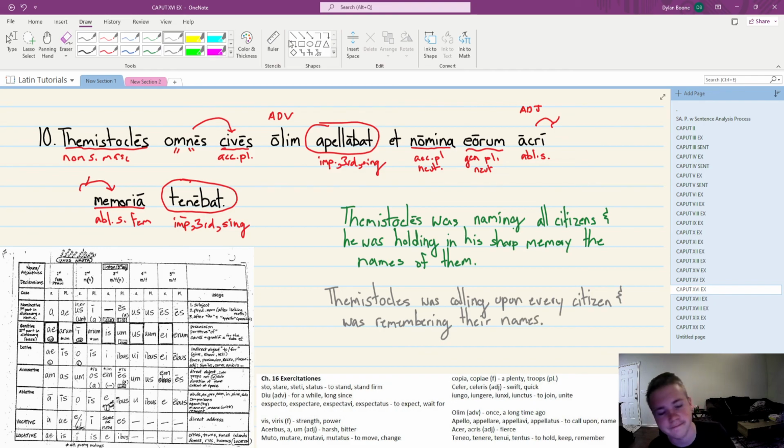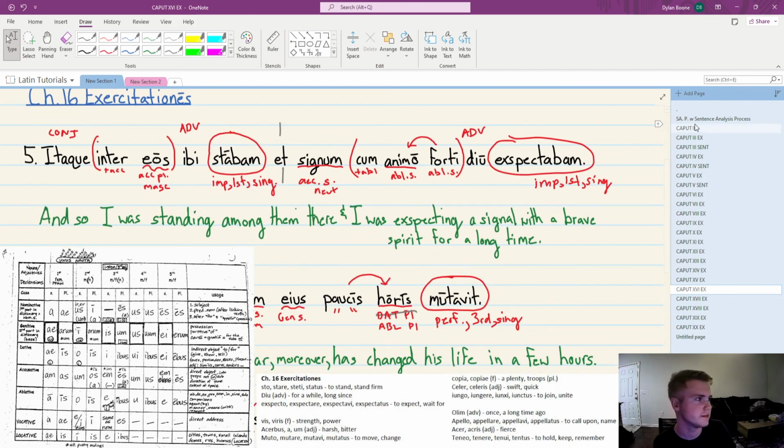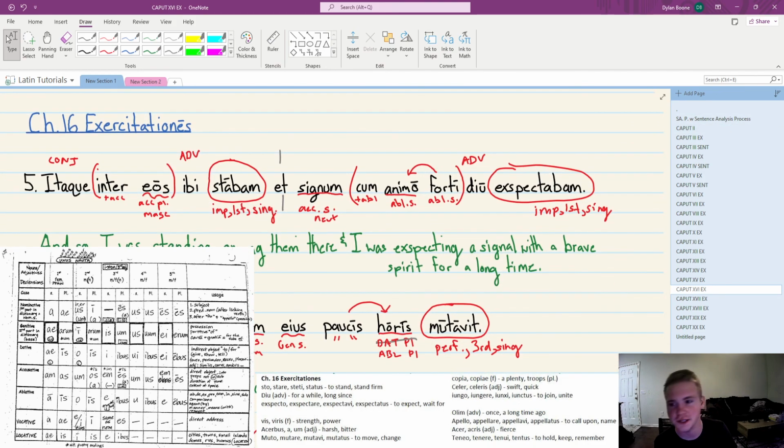Something like that. Sorry for the mistakes, but that's chapter 16 exercises.